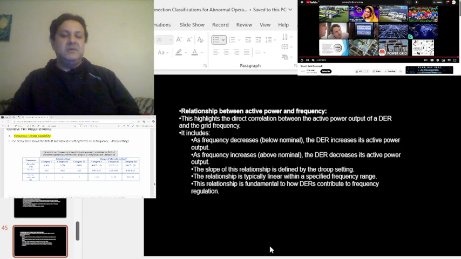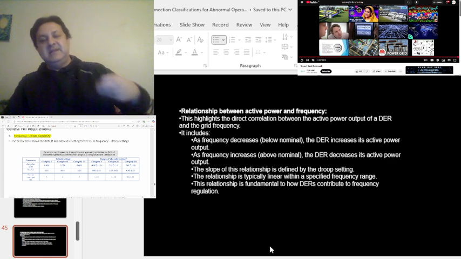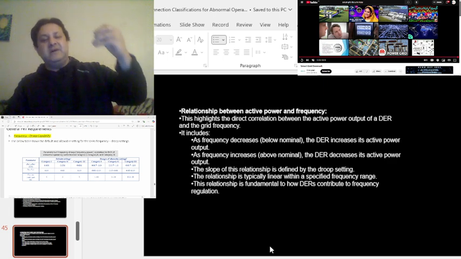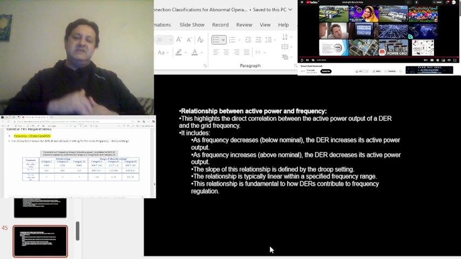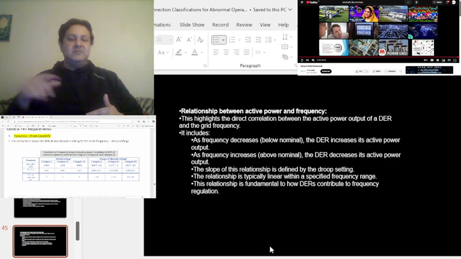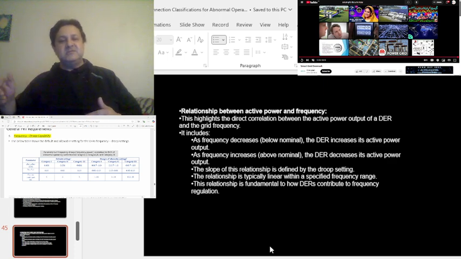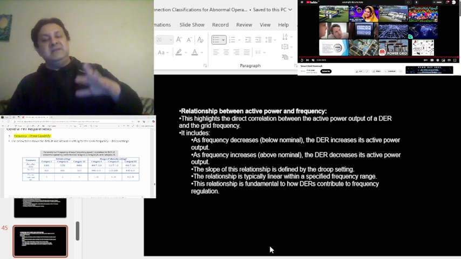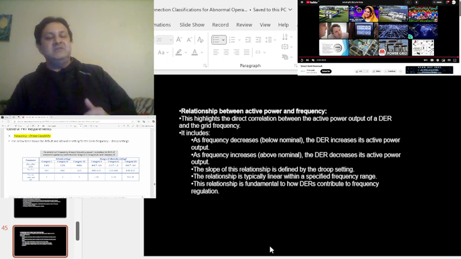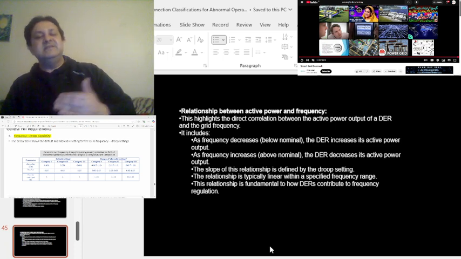As frequency decreases below nominal, the DER increases its active power. So it's inversely related. As the frequency goes below the nominal, the DER will increase its active power output. It will give more active power. And as frequency increases, of course, the DER decreases active power.